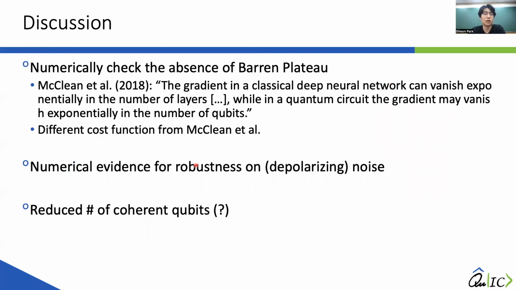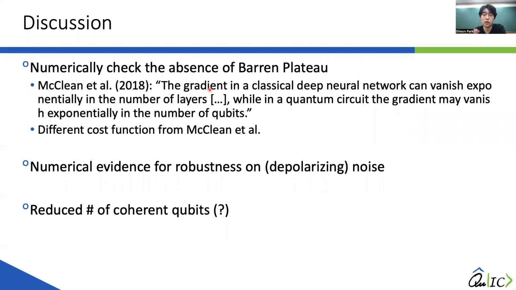Okay, so discussion. The paper claims that their QNN architecture has no barren plateau. So they explain the reason as follows. In the original paper that first argued about barren plateaus, it states the gradient of a classical deep neural network can vanish exponentially in the number of layers, while in a quantum circuit, the gradient may vanish exponentially in the number of qubits.